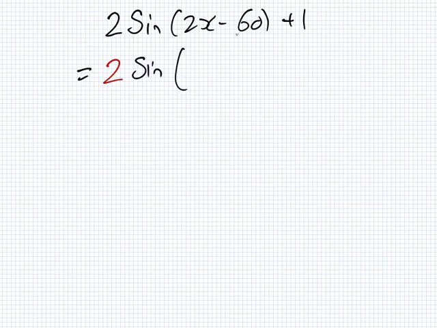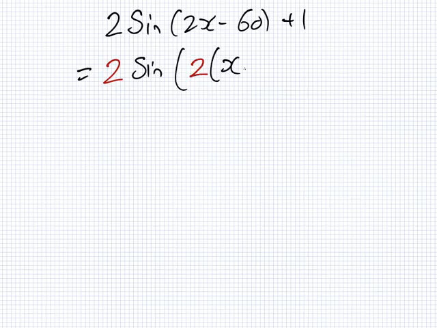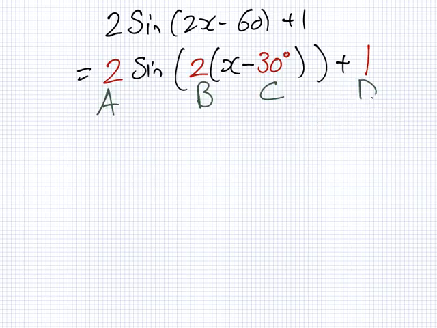The B is the number that multiplies both of these, so we'll have to take the B out. So what is the B here? 2. And you're left with x minus 30, plus 1. So this is the A, this is the B, this is the C, and this is the D.